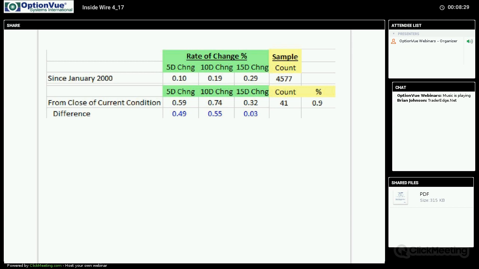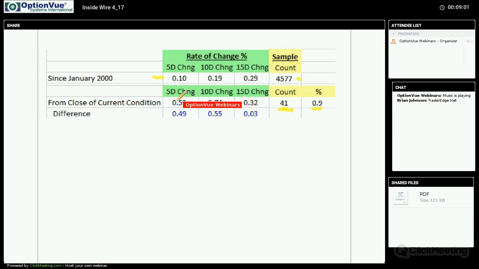Now, if we look at the rate of change, and we're working our way towards an understanding of z-score, that's where we're headed here. We have the baseline rate of change, and we take the 41 incidences of our current market condition going back to January of 2000 and look at each of those occurrences. By the way, that 41 is not even 1% of the huge population we have.